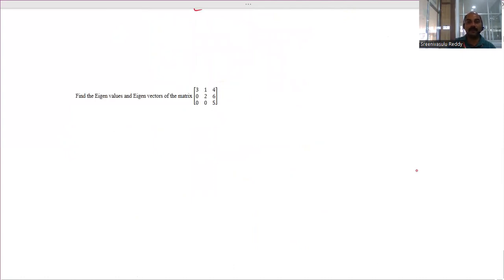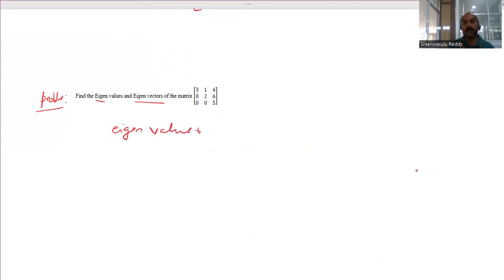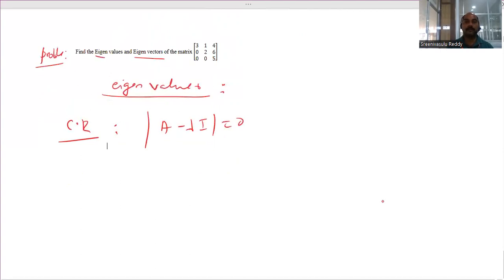Solve this problem. Find eigenvalues and eigenvectors. In finding eigenvalues, the first part: consider det(A minus lambda I) equal to 0, the characteristic equation of the given matrix.